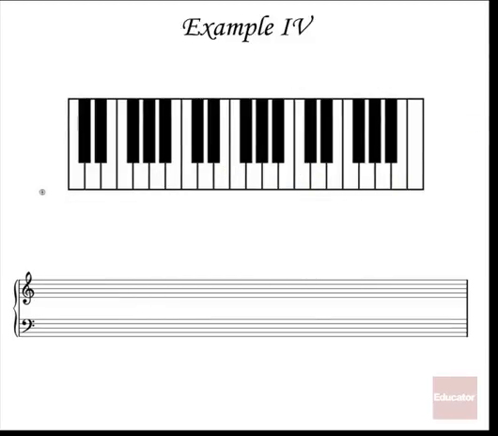Okay, and for the last example, let's do an example of an ascending melodic minor scale. And let's say we're asked to write this starting on a C. Okay, so going back to our piano keyboard, let's find the melodic minor scale that we used earlier.